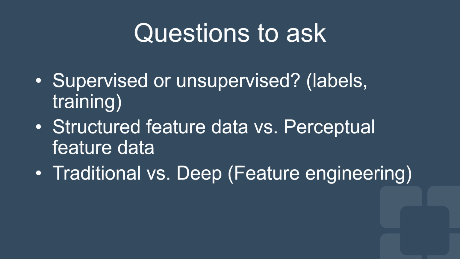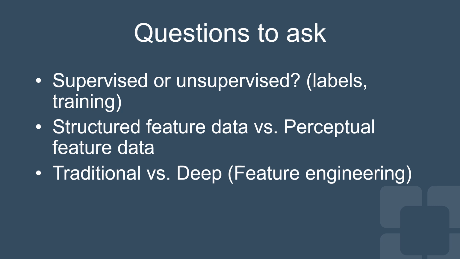The other question you want to ask is whether this was traditional or deep learning. And this is based on whether the predictive variables or the features were identified for the algorithm, or the algorithm identified those on its own, which is called not requiring feature engineering in deep learning.